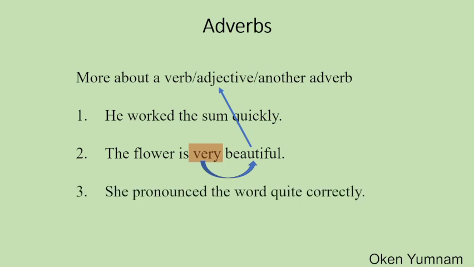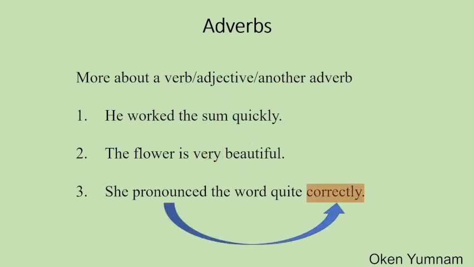And third here, she pronounced the word quite correctly. Here, correctly gives us more information about the word pronounce, which is a verb. So adverbs give more information about a verb. Again, another word is here, quite. It gives us more information about correctly, quite correctly.